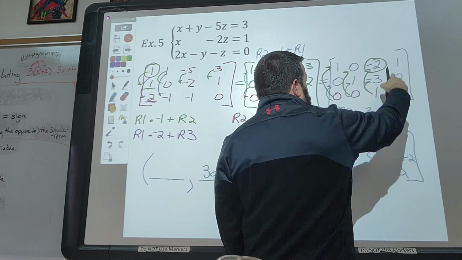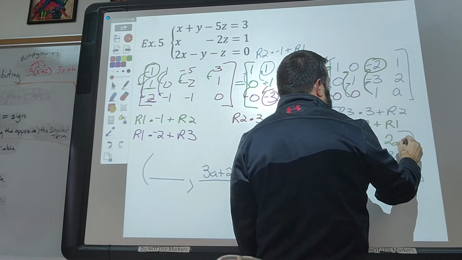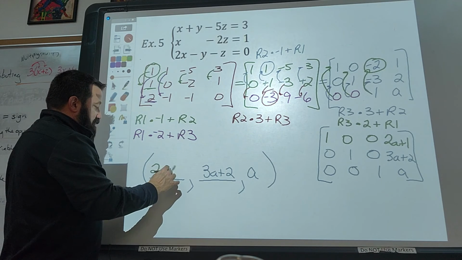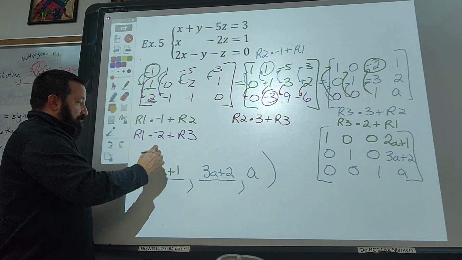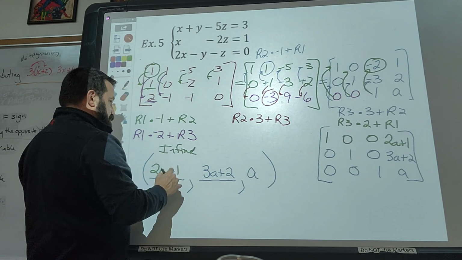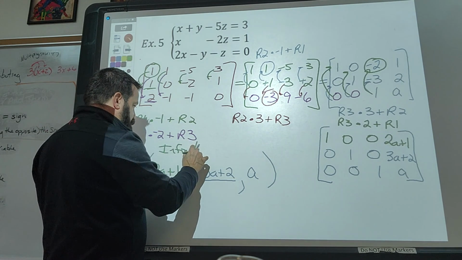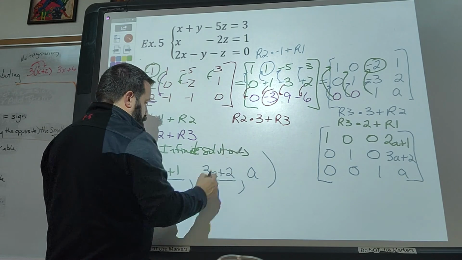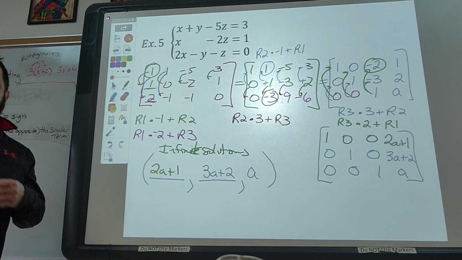A times 2 plus what I have there is 2A plus 1. There is my X component and the formula for my infinite solutions. Yes, there's infinite solutions, but they all have to follow that pattern.